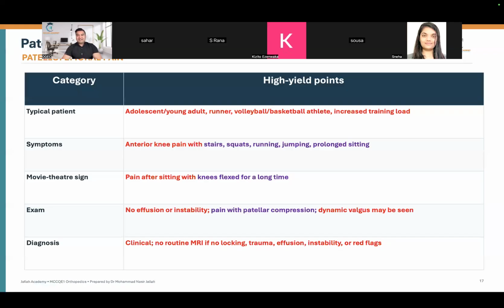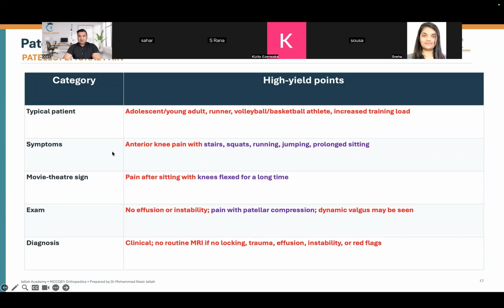So usually they give you somebody who is young, an athlete, and who is intensely using his knee. For example, running, playing volleyball, playing basketball, or doing a lot of other intense exercise that requires a lot of movement.